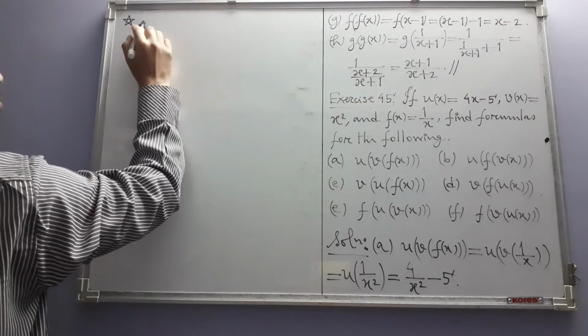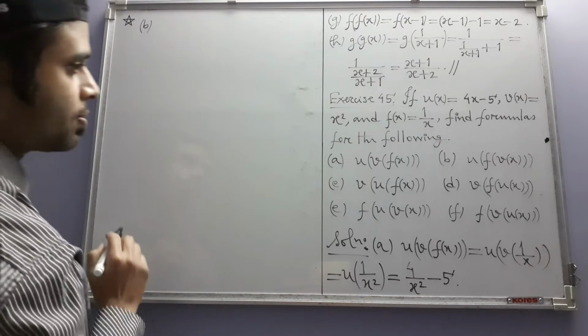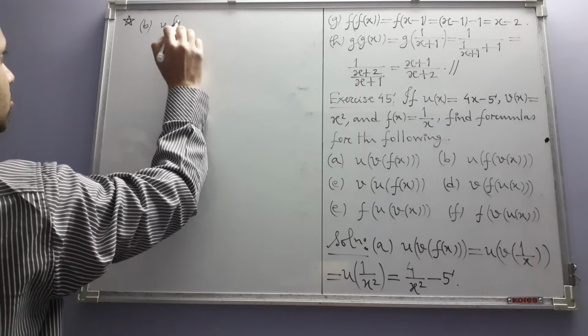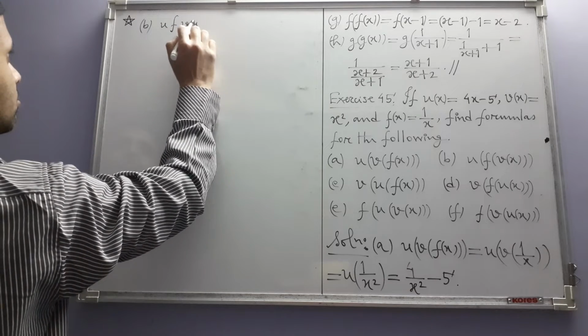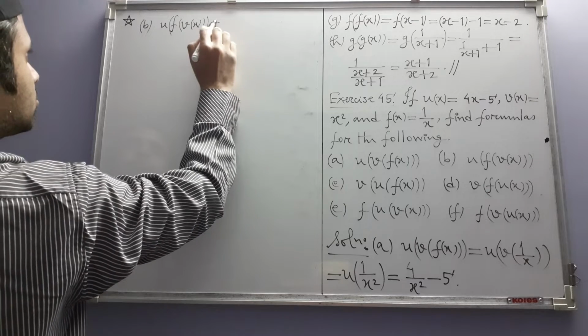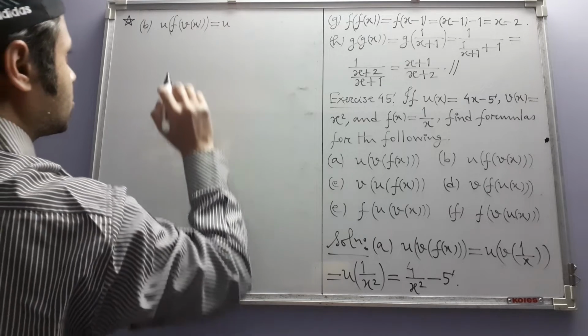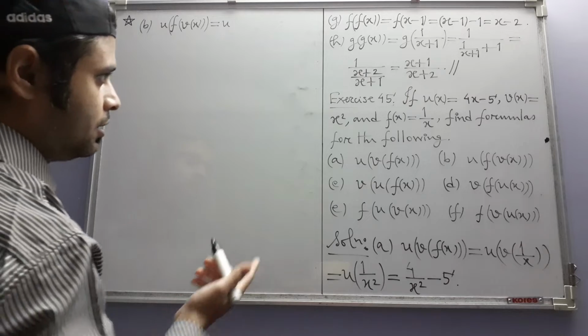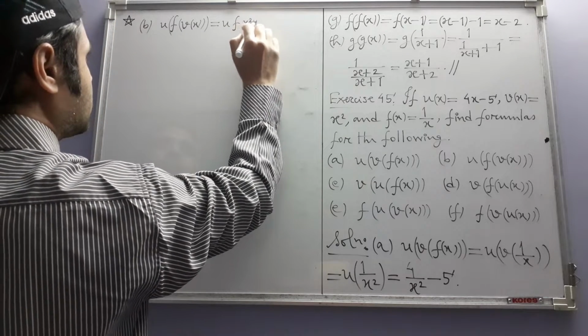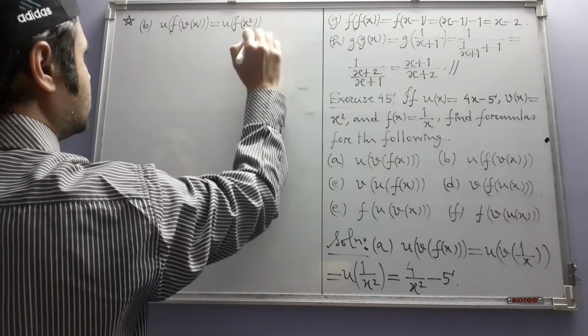Then B is u of v. Okay, v is squaring and f is taking reciprocal.